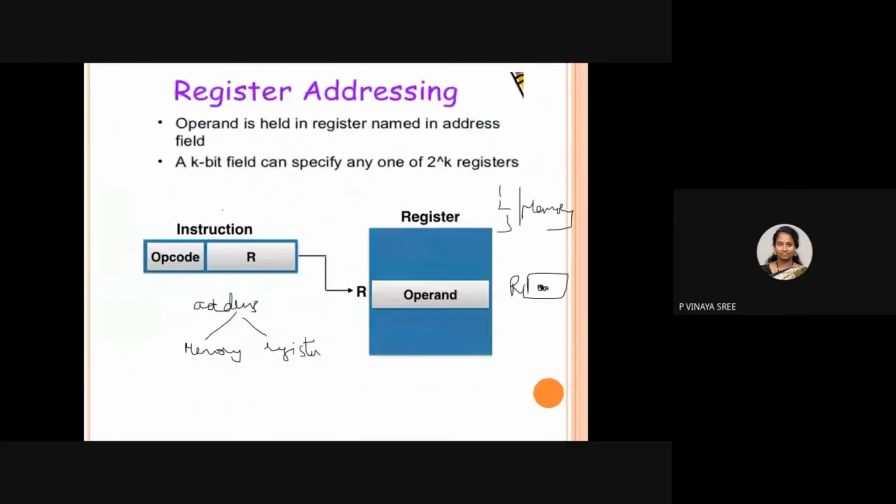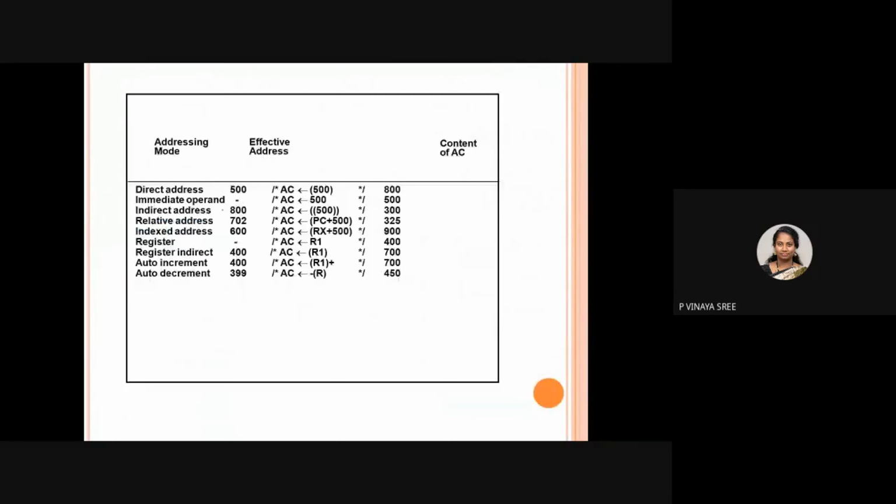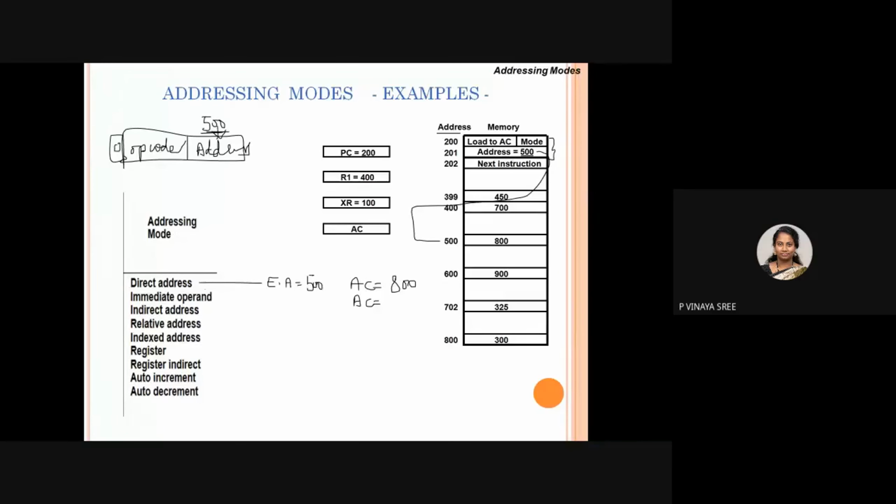So you are not going anywhere to get the operand. Is this 500 an operand or an address in immediate mode? Operand. So the accumulator contents will be 500.